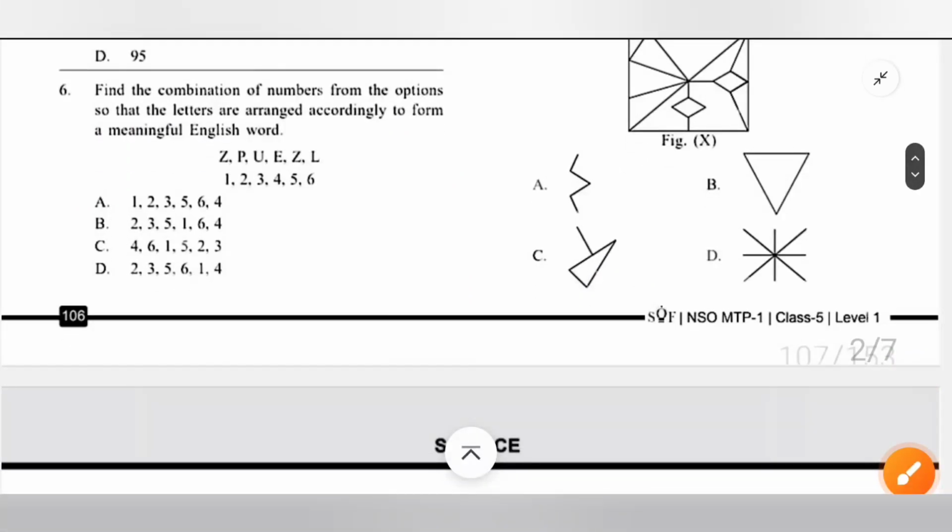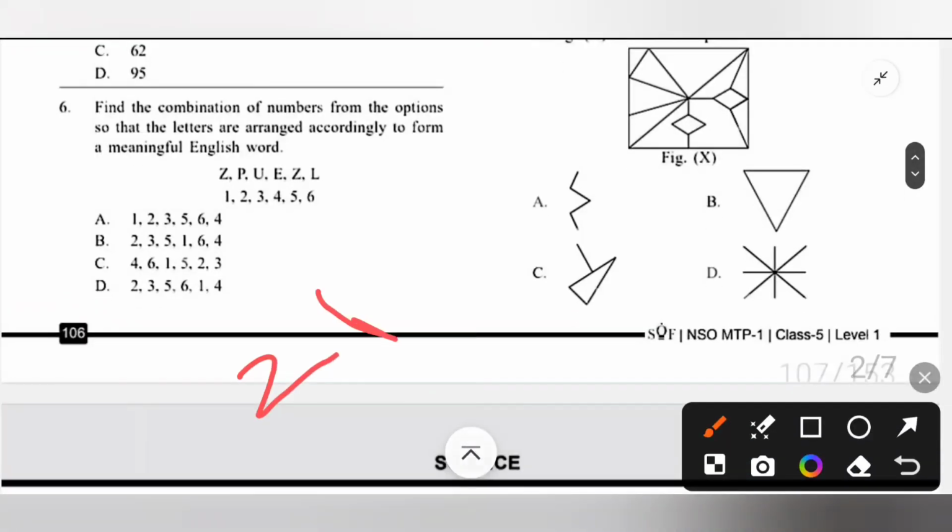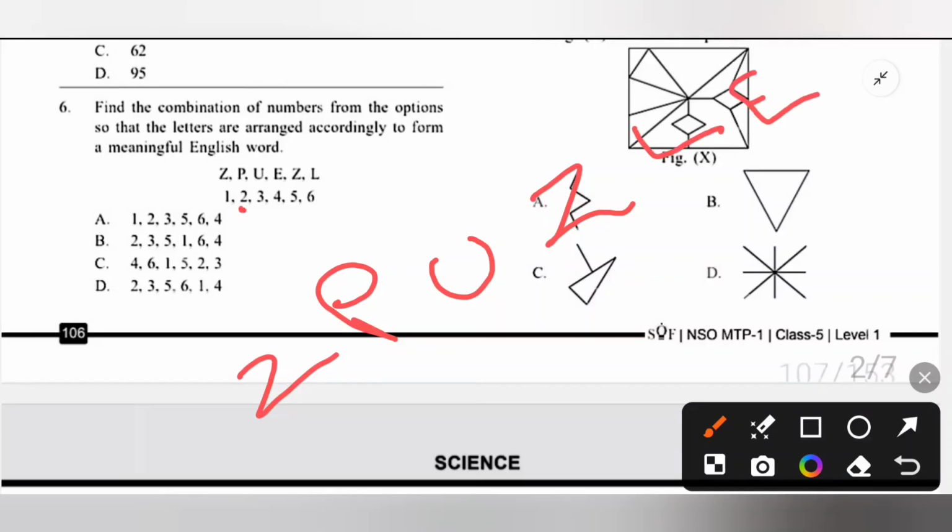Sixth one, find the combination of numbers from the options so that the letters are arranged accordingly to form a meaningful English word. So option A is 1, 2, 3, 5, 6, 4. So 1, 2, 3 means Z, P, U, 5 is, then 4 is E. So it is not a meaningful word.